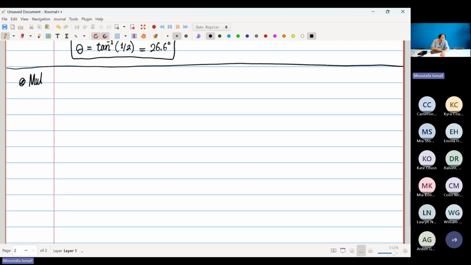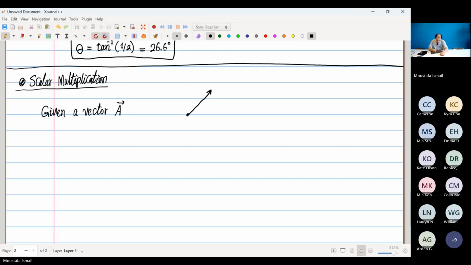So scalar multiplication. Okay, let's say you have a vector A. And this vector is like this, vector A. You can multiply this vector by a scalar, let's say 2A.